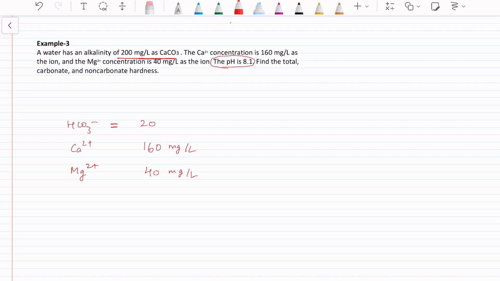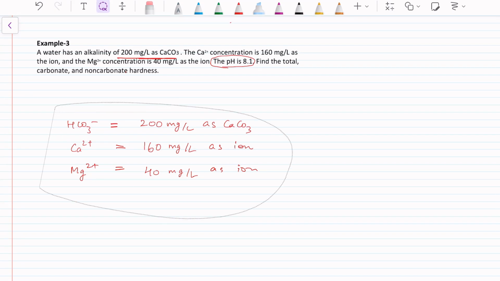This is 200 milligram per liter CaCO3. Okay, and now let's calculate the total hardness as CaCO3.